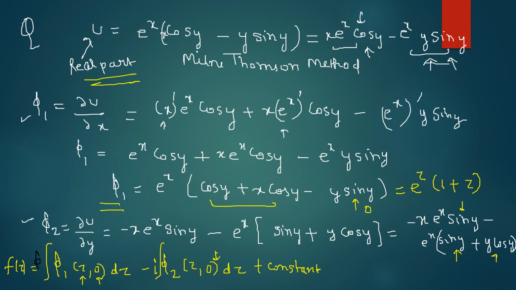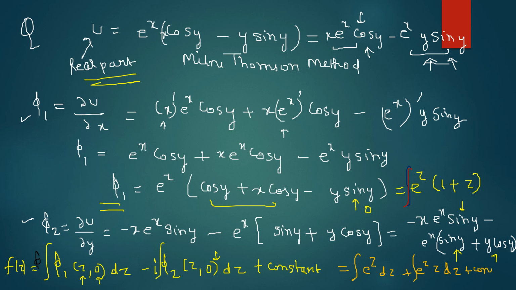If you take integration of phi 1, let me change the color of the pen. Is it visible? No. If you take the integration of phi 1, what it will be? E raised to power z dz plus e raised to power z into z dz plus constant.